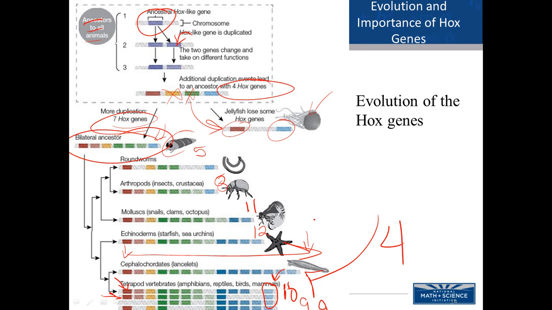They think that the first duplication happened about 1 billion years ago, and that the ancestor to all animals had at least 4 Hox genes. And I've already mentioned that bilateral animals have 7 Hox genes.